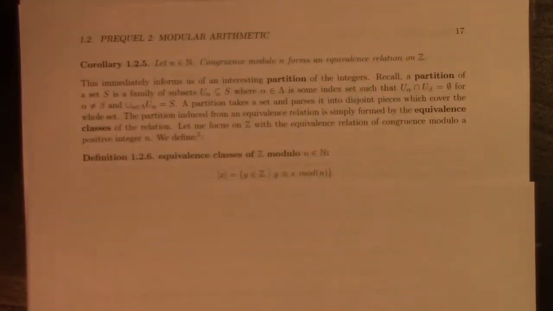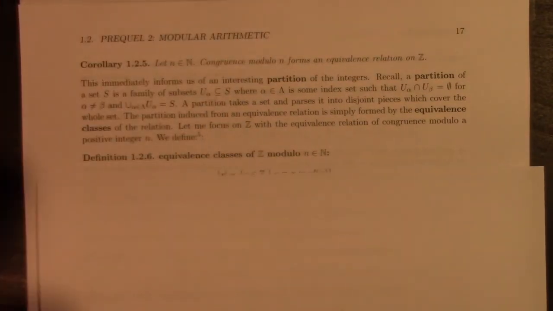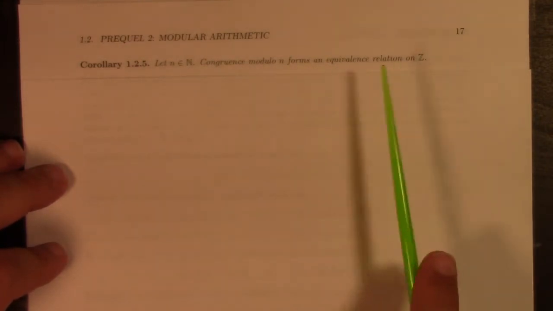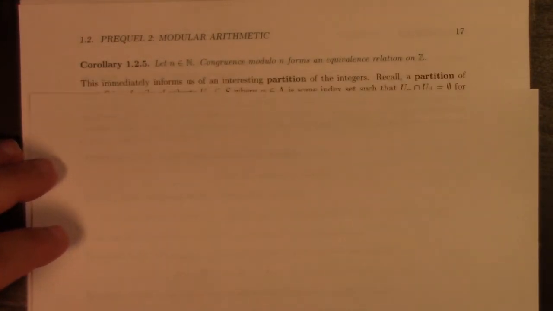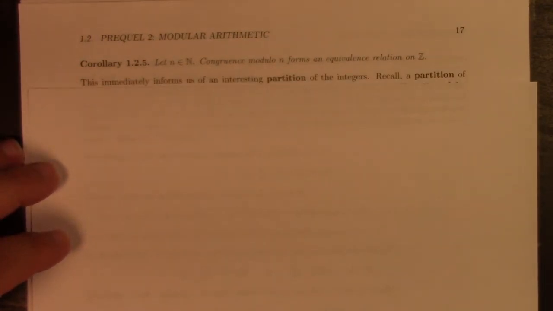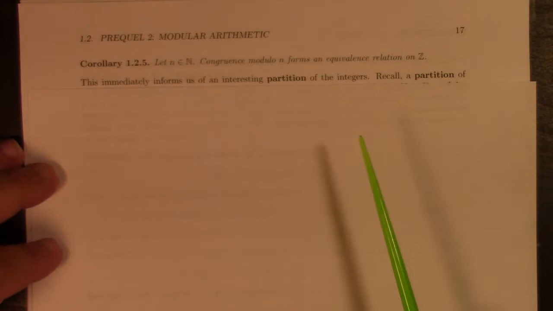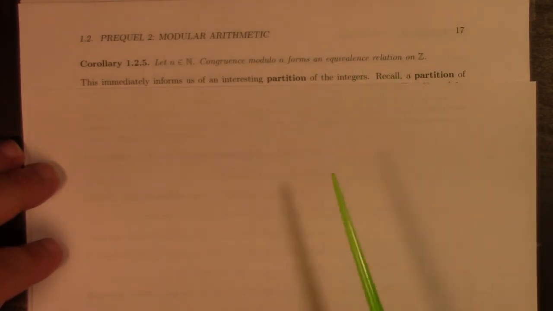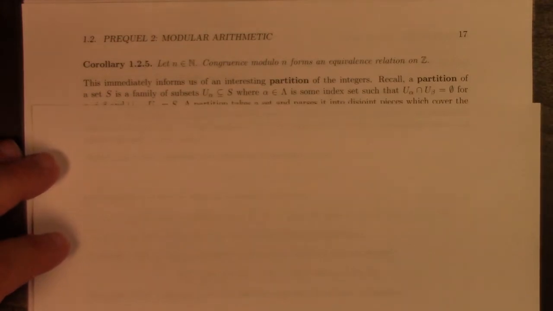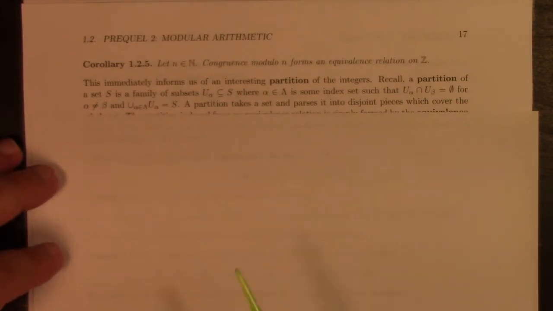All right, moving on. So corollary: congruence modulo n forms an equivalence relation on Z. So that immediately informs us that there's an interesting partition of the integers which respects this equivalence relation. You should recall that a partition of a set is a family of non-empty subsets such that these subsets are disjoint, and their union covers the whole set.